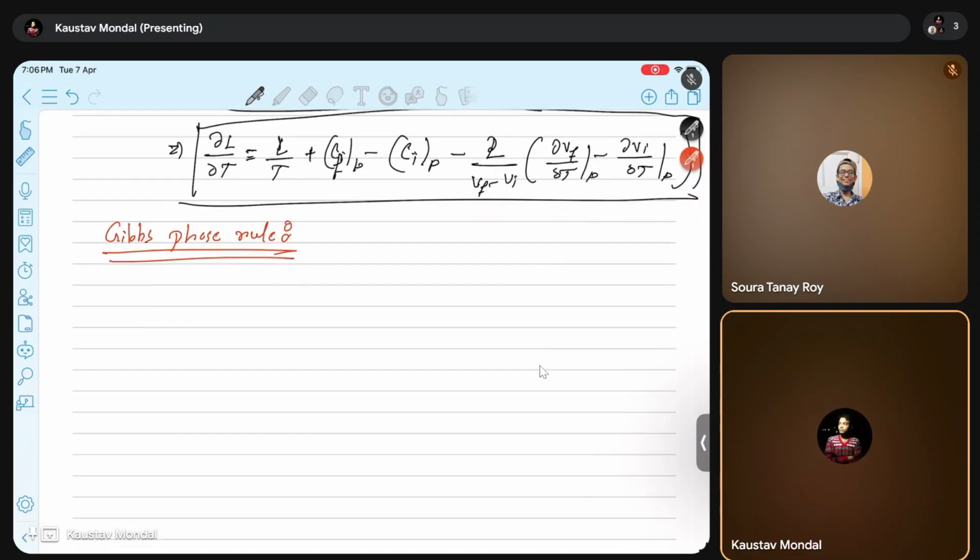So consider a closed system with fixed T and P, and let's suppose the system has C components and P number of phases.